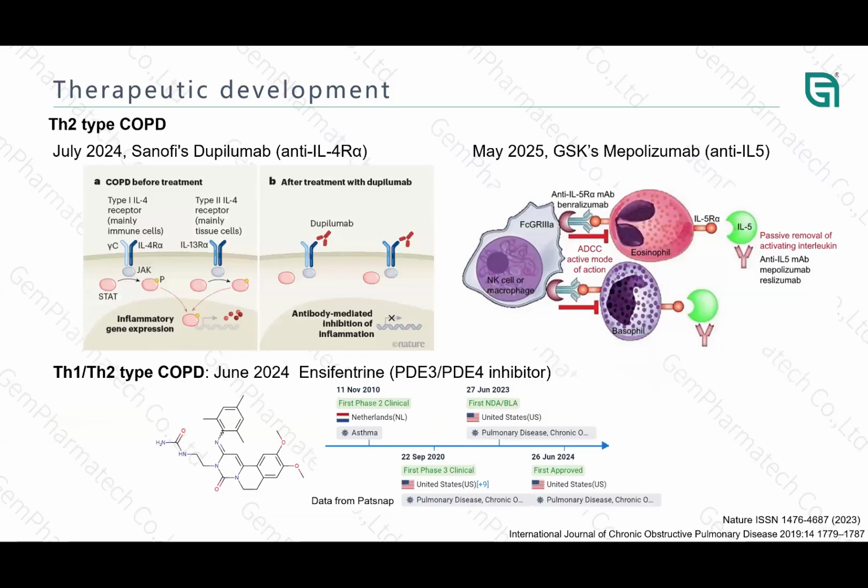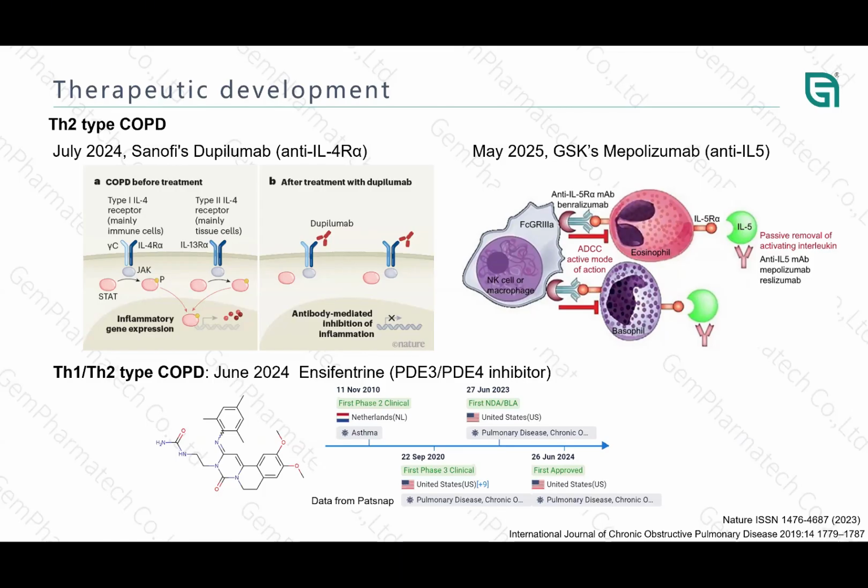Although the number of COPD patients is large, current treatment options are very limited. The clinical treatment is basically confined to three major classes of drugs, like beta-2 agonists, the anticholinergics, and the inhaled corticosteroids.